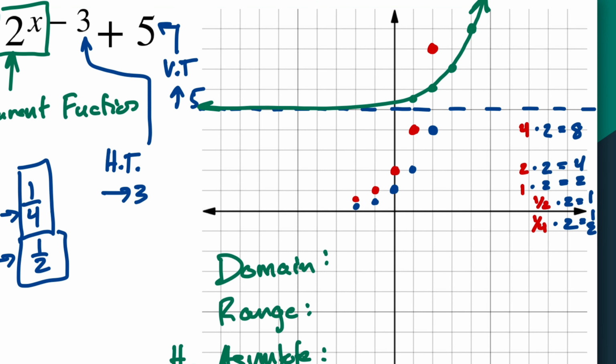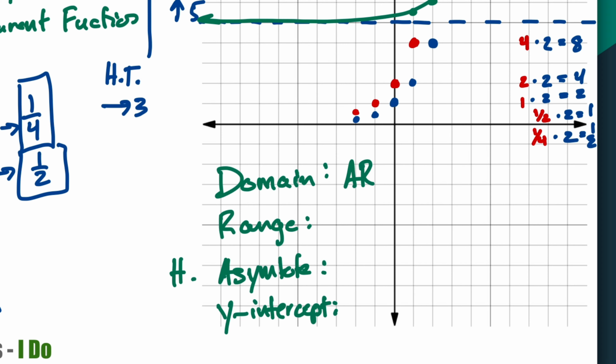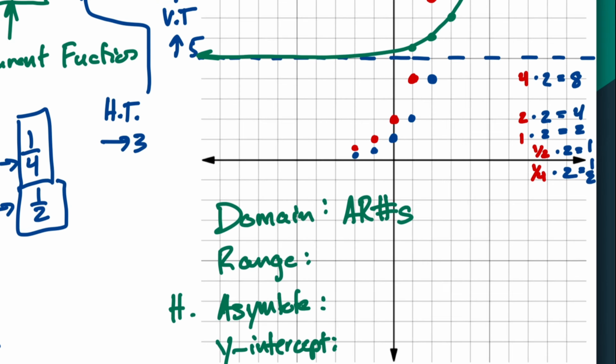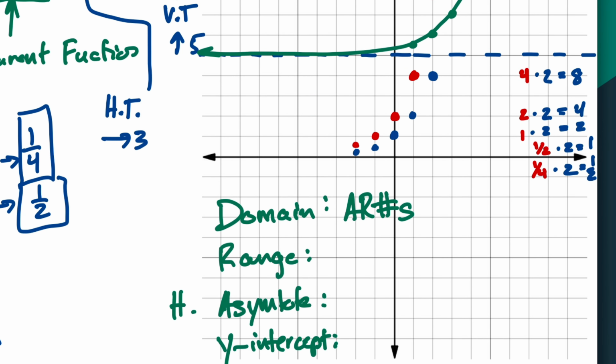If you look at your exponential function and you think of domain, it's forever going to the left, it's forever going to the right, so your domain is all real numbers, okay? Then you have your range, which is really getting cut off here by your asymptote, so it's everything y is greater than 5. Sorry, just y is greater than 5 because it can't equal 5. Your asymptote is a horizontal line, so that's y is equal to 5.